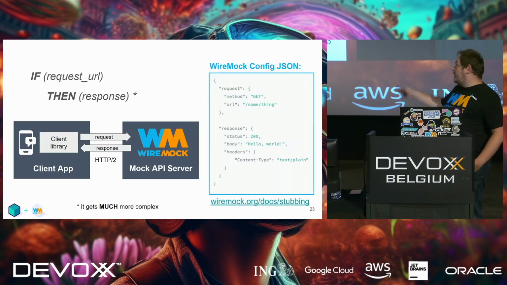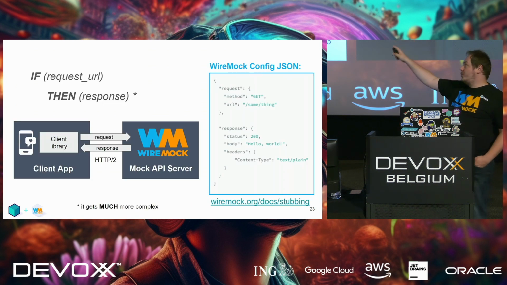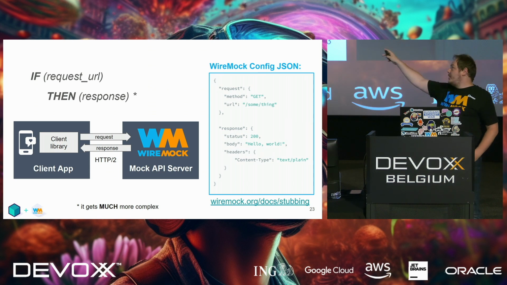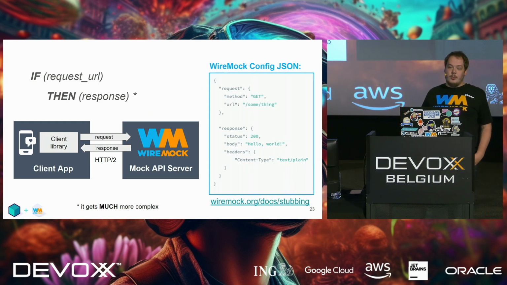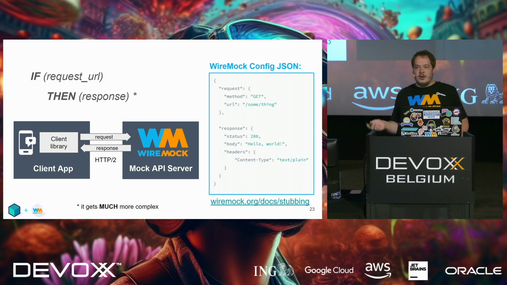In a nutshell, any mock service, whether WireMock or not, is just an if-then. You receive a request, and then send a response. So here we just send hello world with status 200 if we get something. But this is a really basic case. One may say that you can write it over the weekend, and of course you can.